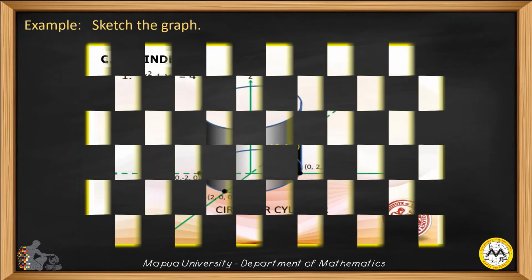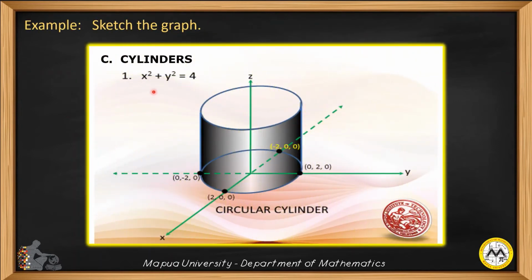So to illustrate, let us work on the cylindrical surface defined by the equation x squared plus y squared is equal to 4. Now, if you recall from analytic geometry, x squared plus y squared equal to 4 would just give us a circle on the xy plane. So what you do first is draw the circle x squared plus y squared equal to 4 on the xy plane.